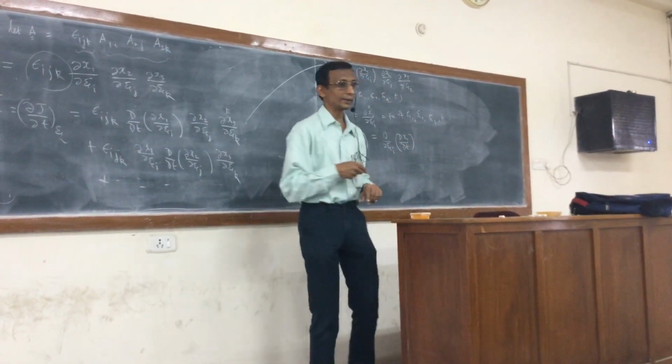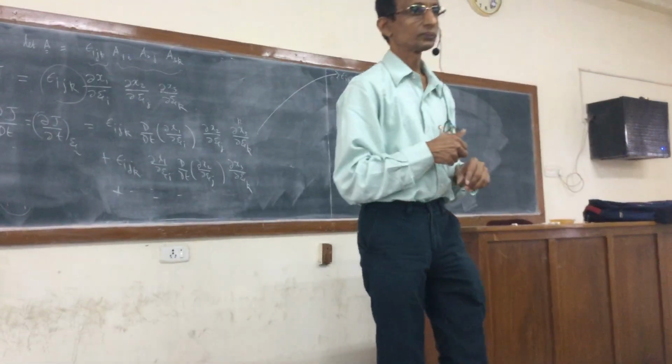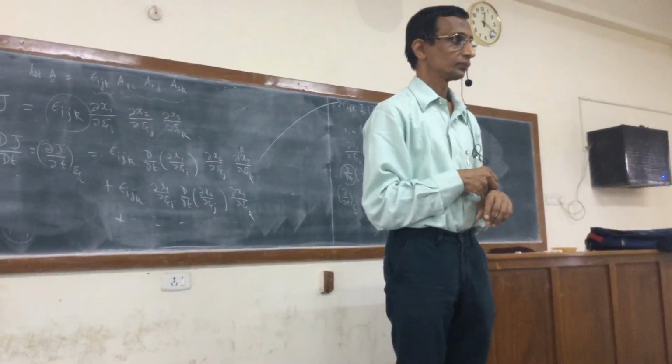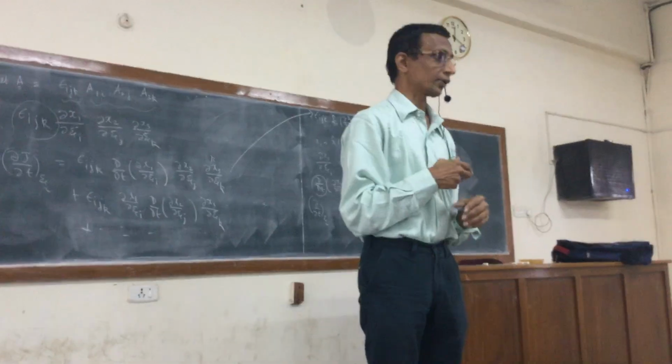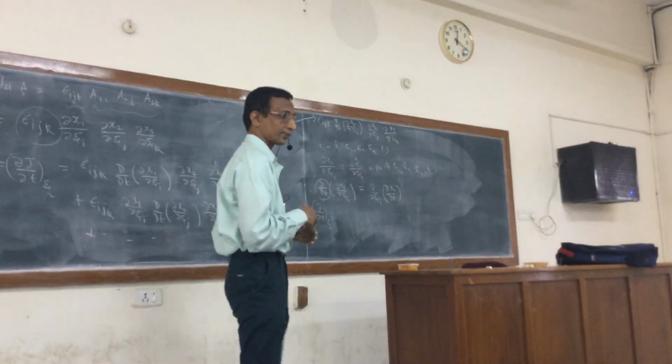So what is this now? dx1 by dt is the first component of the velocity.